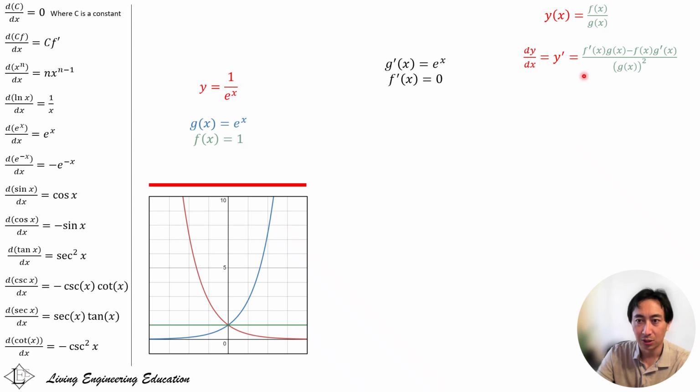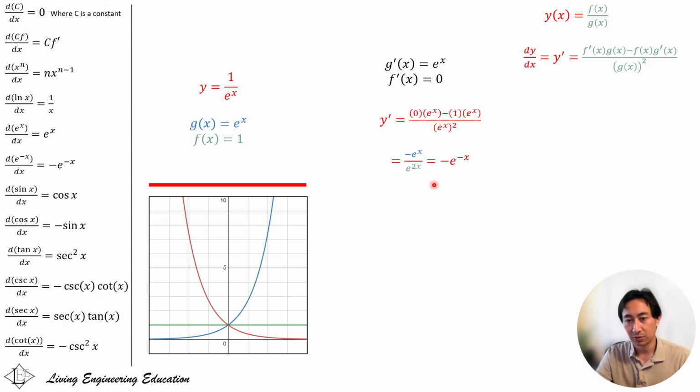So then when I plug it into my quotient rule, I know this term is going to go away. I know this term is going to be negative e to the x, and then it's going to be e to the x squared, right? So then I'll get my negative e to the x over e to the 2x, or e to the x quantity squared, same thing, right? So my final solution is negative e to the negative x.